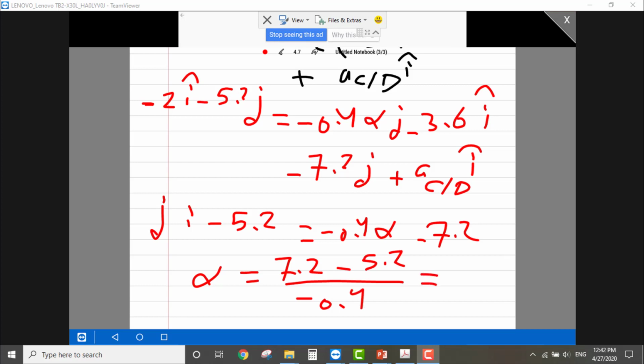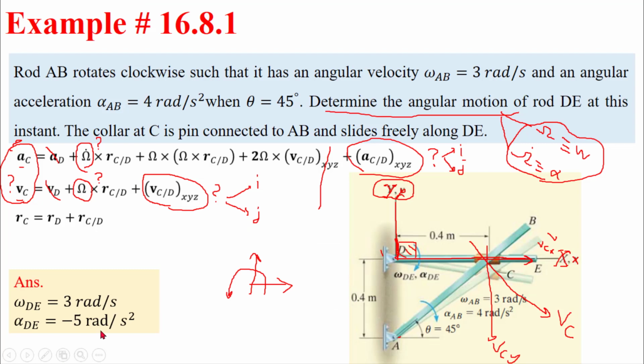Let me calculate the value. It will be minus 5 rad per second, and the minus sign means that the assumed clockwise direction is wrong and we need to reverse the direction. So minus 5 rad per second is the answer, but the assumed direction is incorrect.